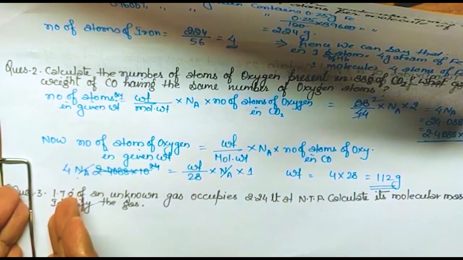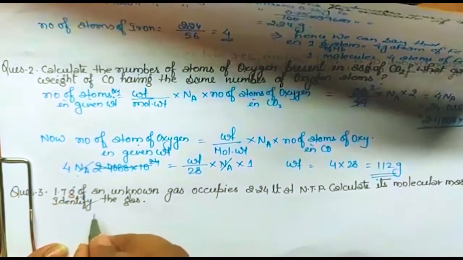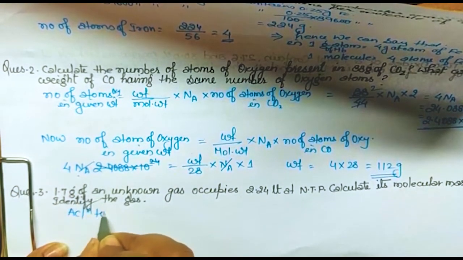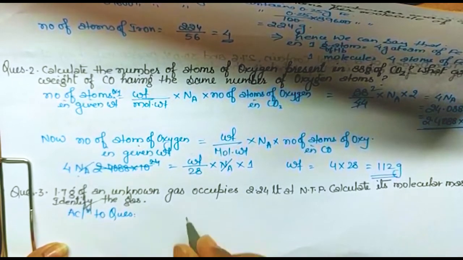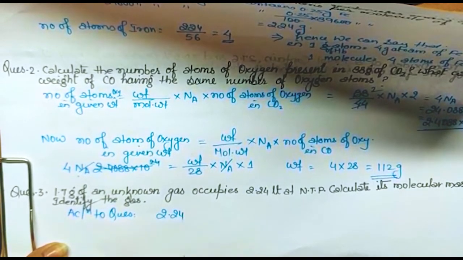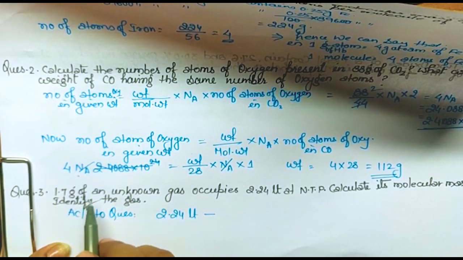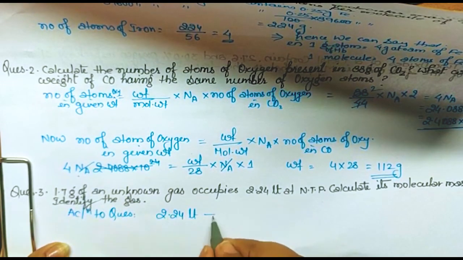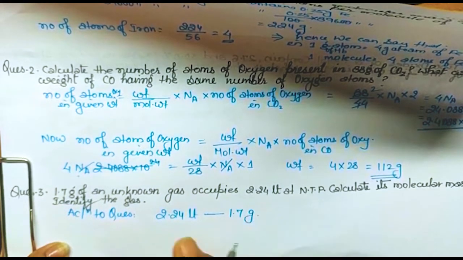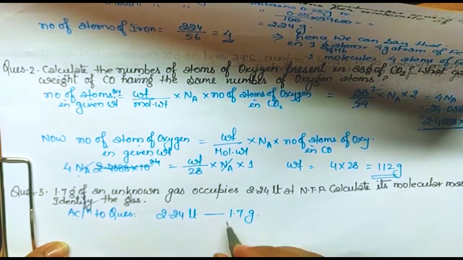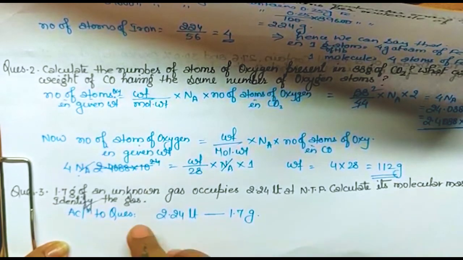So according to the question, 2.24 liter volume is occupied by 1.7 gram of an unknown gas. Like this is the way.